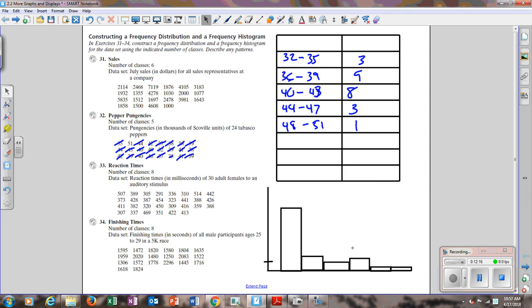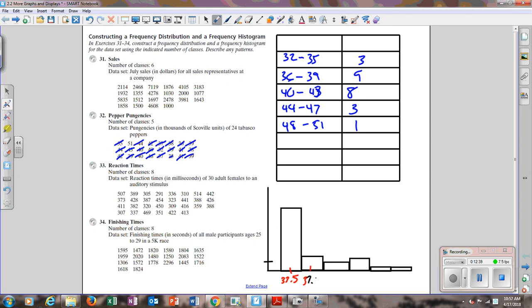Now we'll do our frequency histogram. We'll do 32 plus 35 to find the midpoint. Divide that by 2. Gives you 33.5. This will be 33.5. And then you're just going to go through and add 4 to each of those.